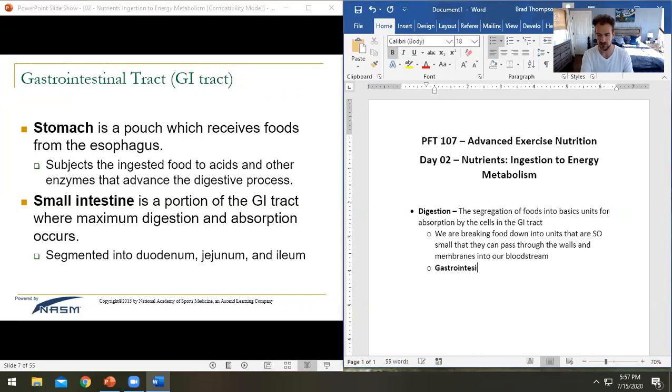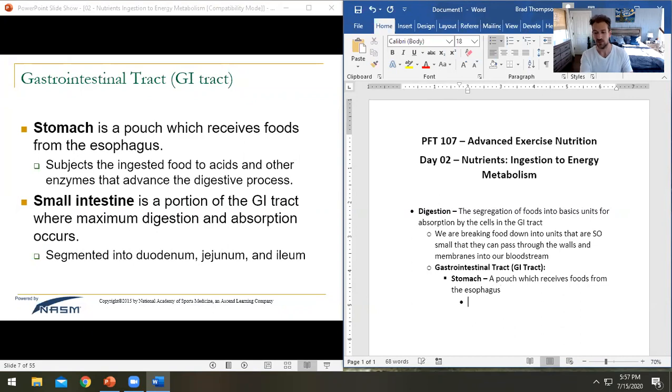Gastrointestinal tract, or GI tract, right? So that's going to start at the stomach, which we just mentioned, which is a pouch which receives foods from the esophagus, right?